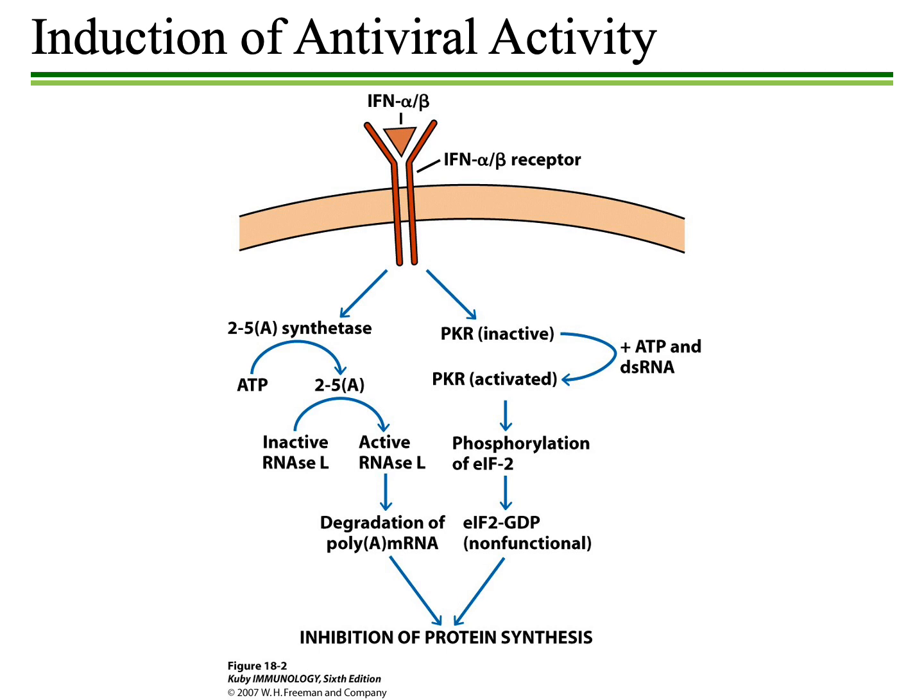On the right-hand side, you also see a signal transduction cascade. But what I want you to take away from the pathway on the right-hand side is that a specific protein, eIF2-GDP, is made non-functional. This is a protein that is required for protein synthesis to occur.